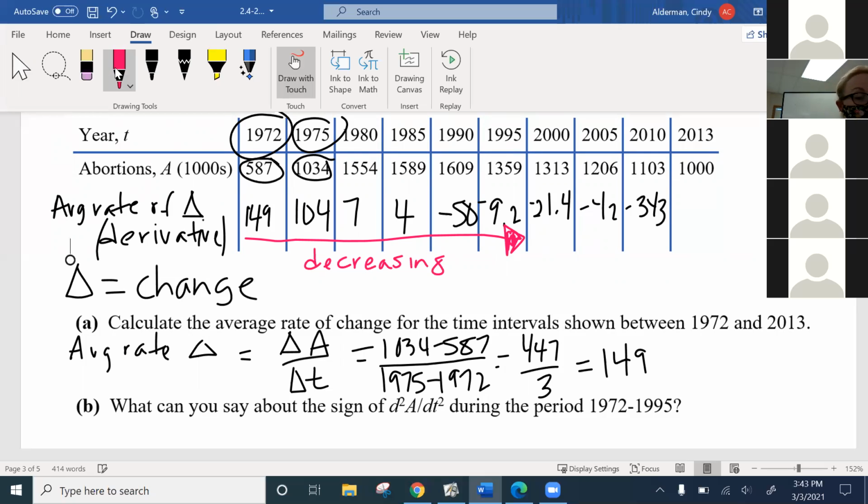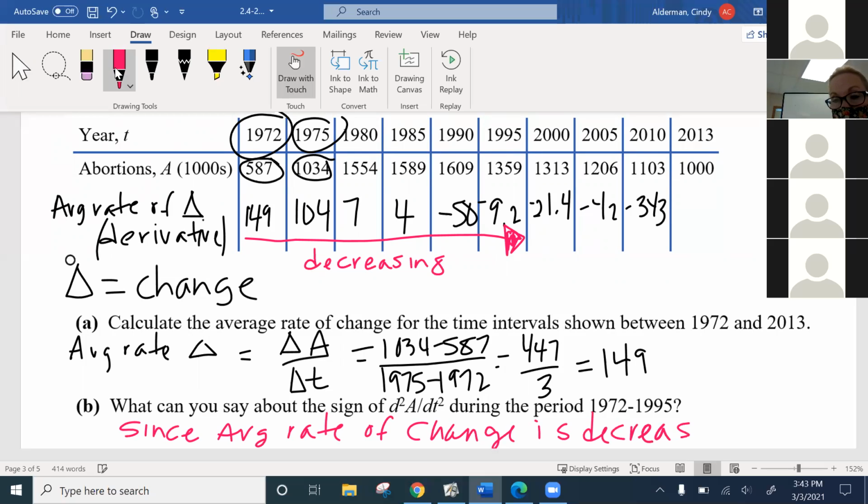And then according to our other rules, we can say that since the average rate of change is decreasing, so then we know that the second derivative, since the first derivative is decreasing, remember back to the graphs from before, then we know for sure that the second derivative is going to be above or below the x-axis.